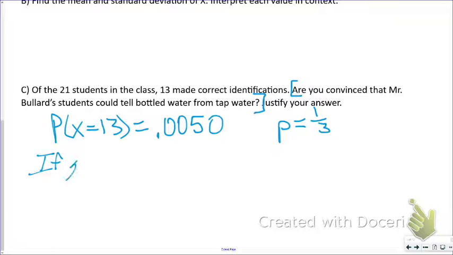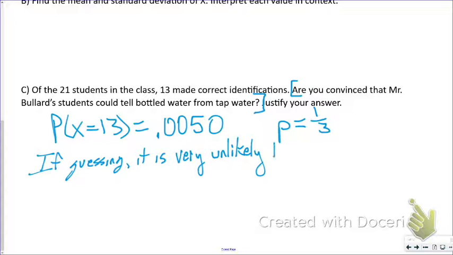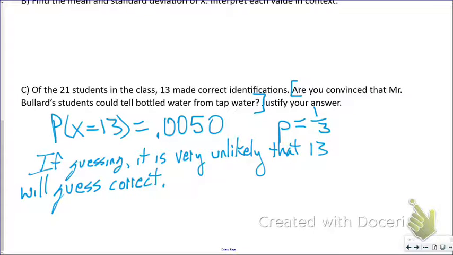If guessing, it is very unlikely that 13 will guess correct. It should not happen. 0.5% chance of that happening.